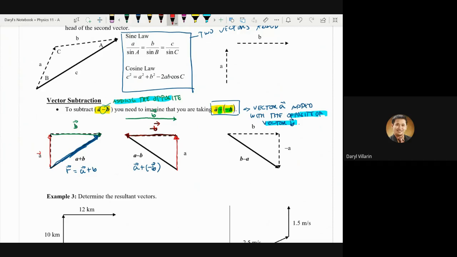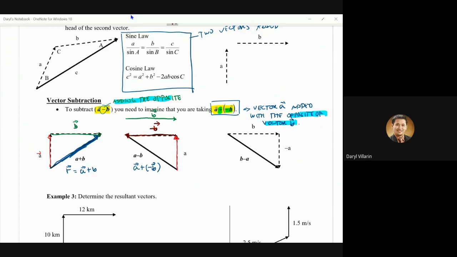But now, instead of going to the right, I am moving to the left because my vector B, the direction is east. But what is the opposite of east? The opposite of east is west.